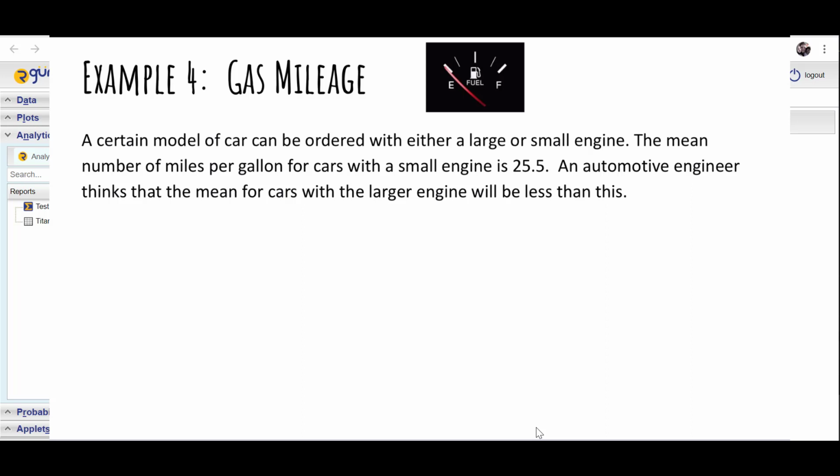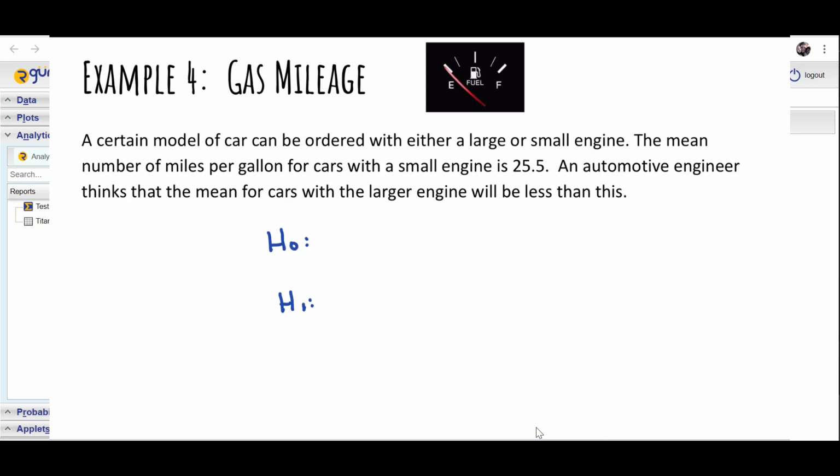Okay, so hopefully you had time to work this. Example 4, gas mileage. A certain model of car can be ordered with either a large or small engine. The mean number of miles per gallon for cars with small engines is 20.5. An automotive engineer thinks the mean for cars with a larger engine will be less than this.